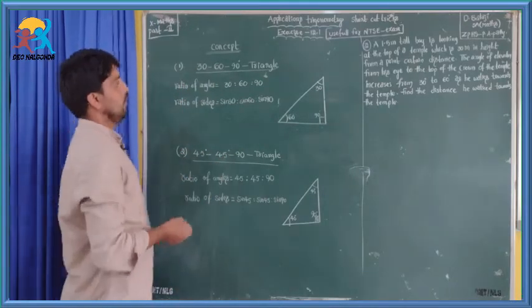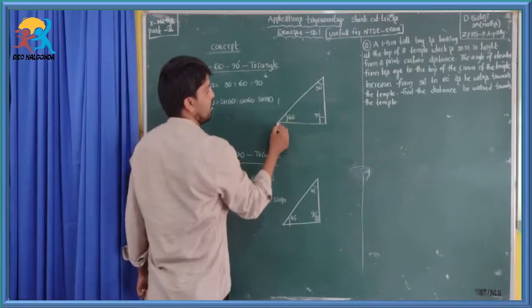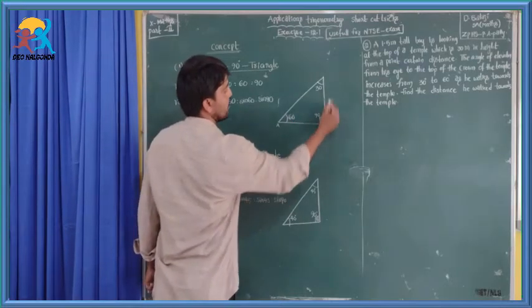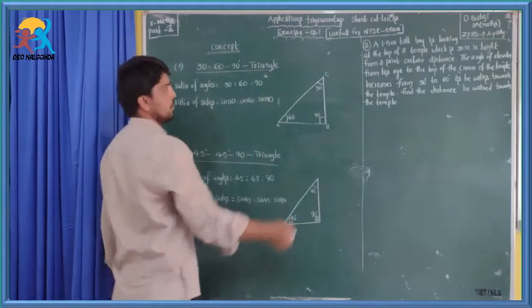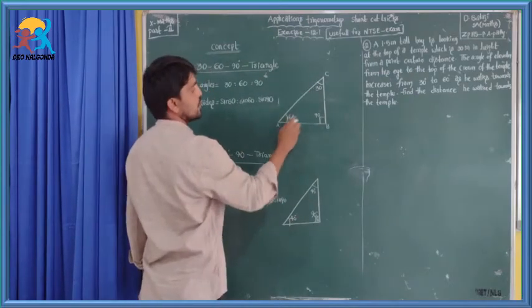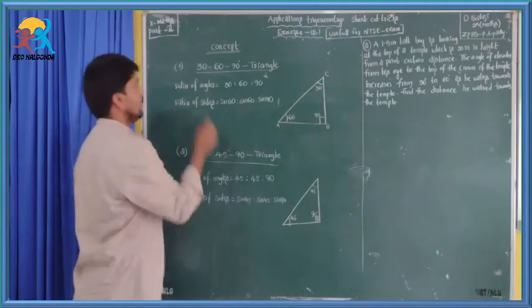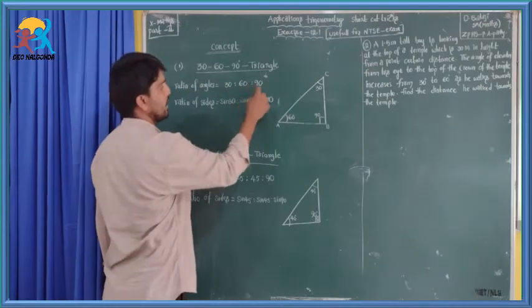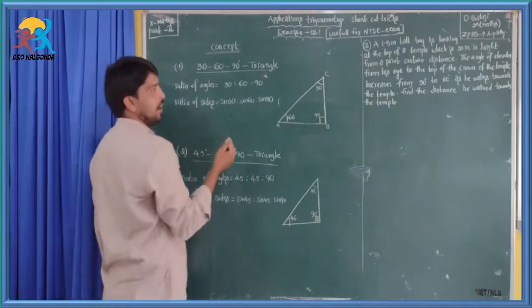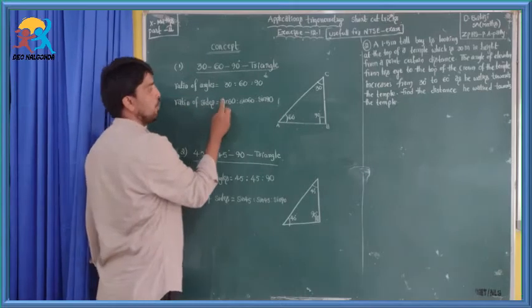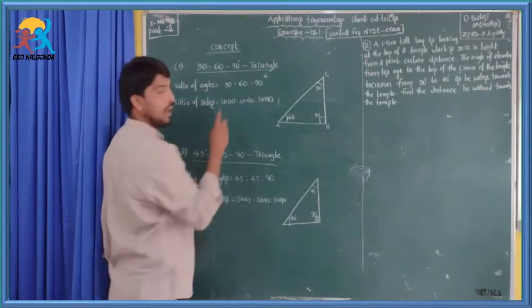Now, consider a triangle ABC. The angles are at A 60, B 90, C 30. The ratio of angles is 30, 60, 90. In order to find the ratio of sides, we apply sine to the given angles.